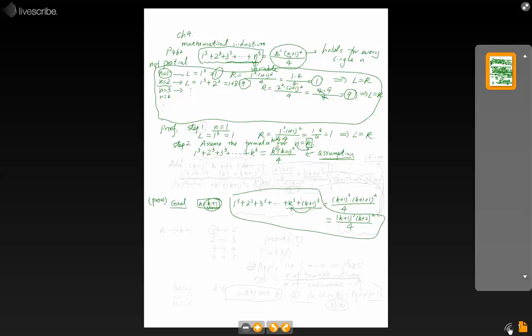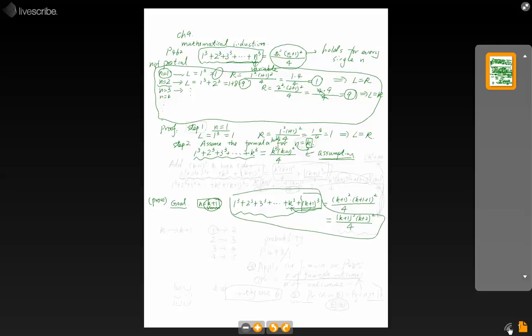If we compare these two formulas, the assumption formula and the goal formula, the left side is very close. The assumption formula goes from 1 cubed to k cubed, and the goal formula has an extra term which is k plus 1 cubed.